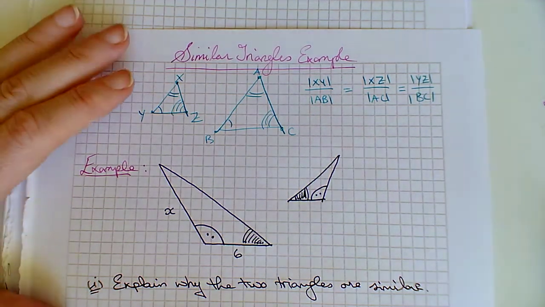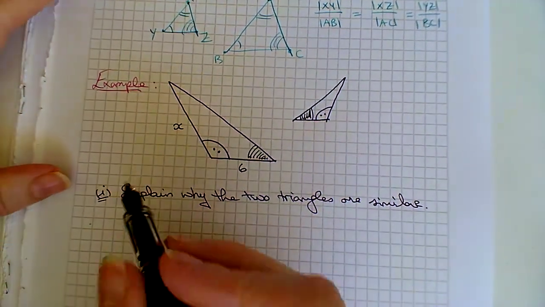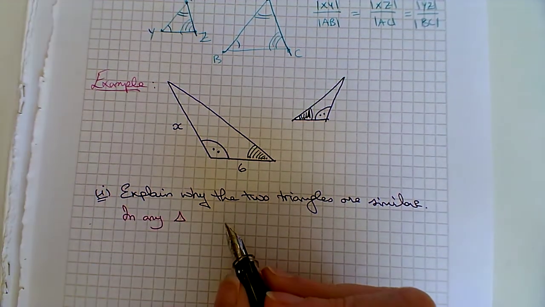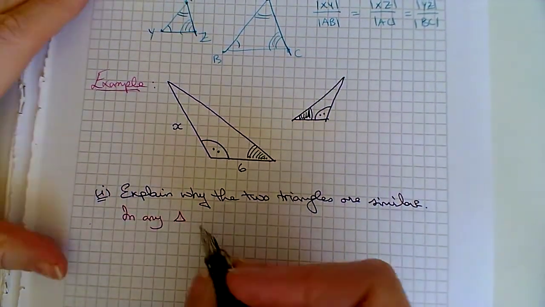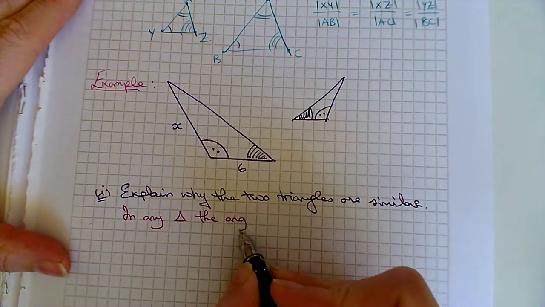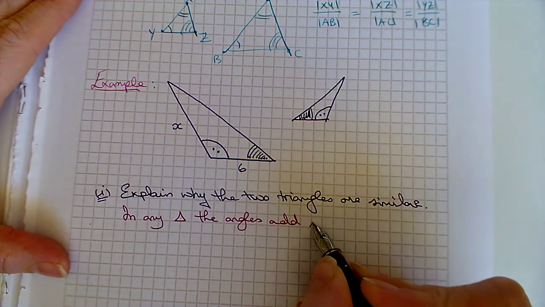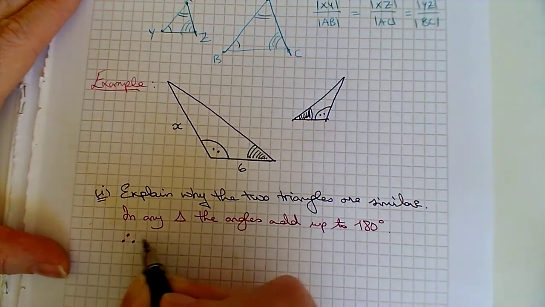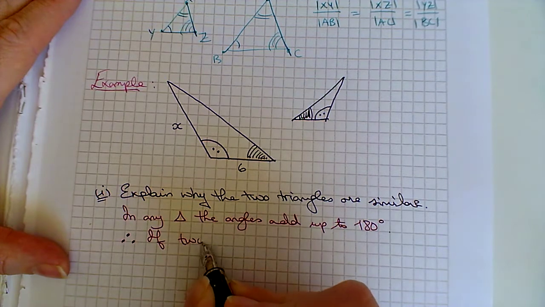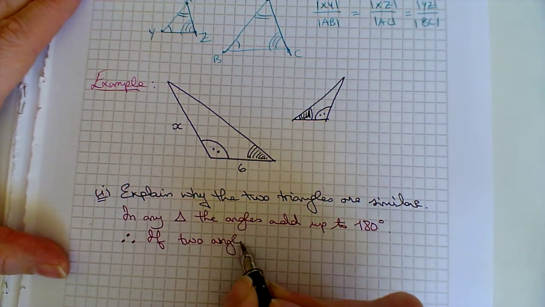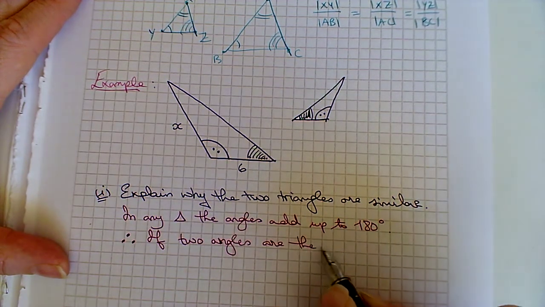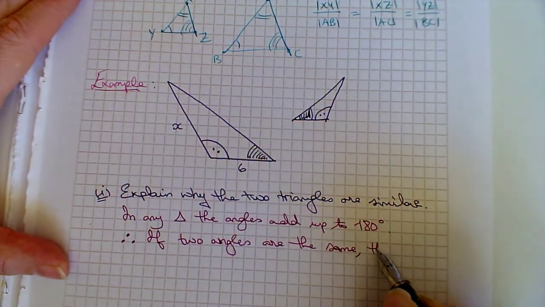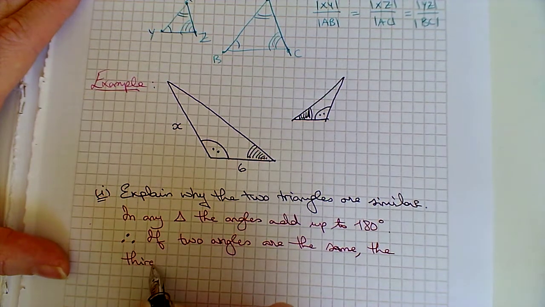So we know that in any triangle, the angles add up to 180 degrees. Therefore, if two angles are the same, and they are because we were told that by the diagram, the third angle must also be the same.